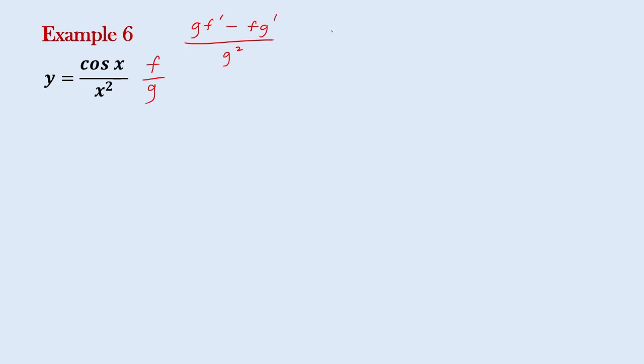So if f is equal to cosine x, f prime would now be, remember that the derivative of cosine u is equal to negative sine u and then multiply to du dx. So for cosine x, the derivative is negative sine x, and then the derivative of x is 1, so that would be just negative sine x.